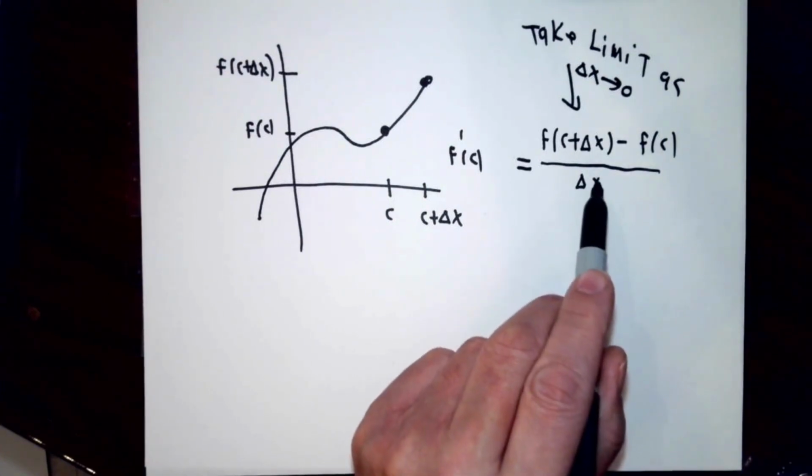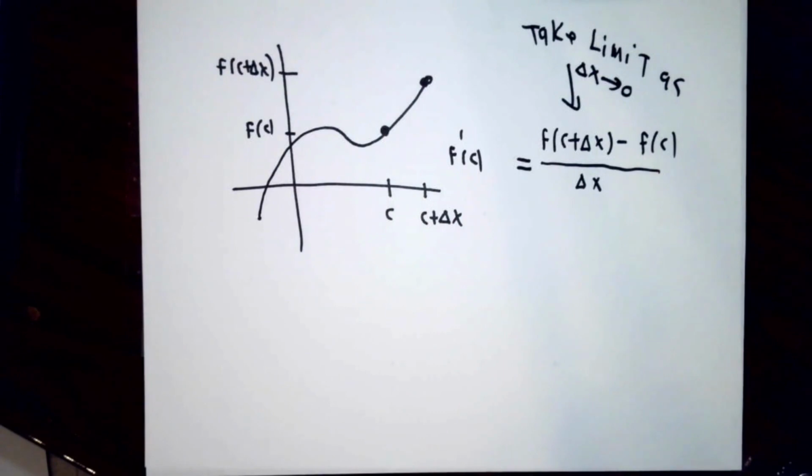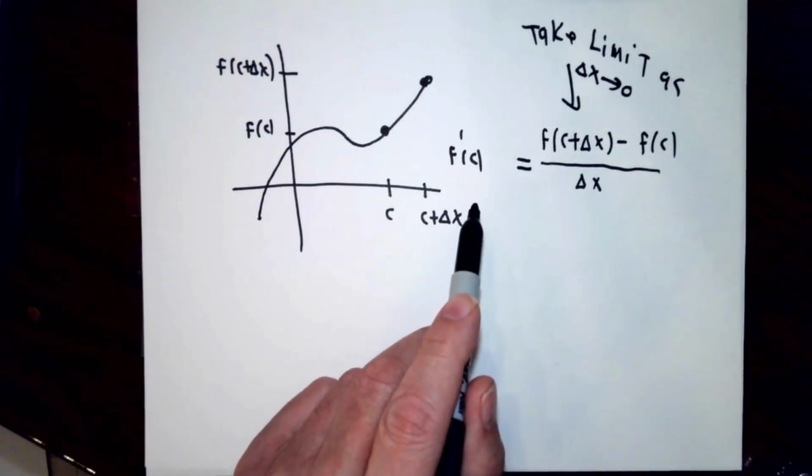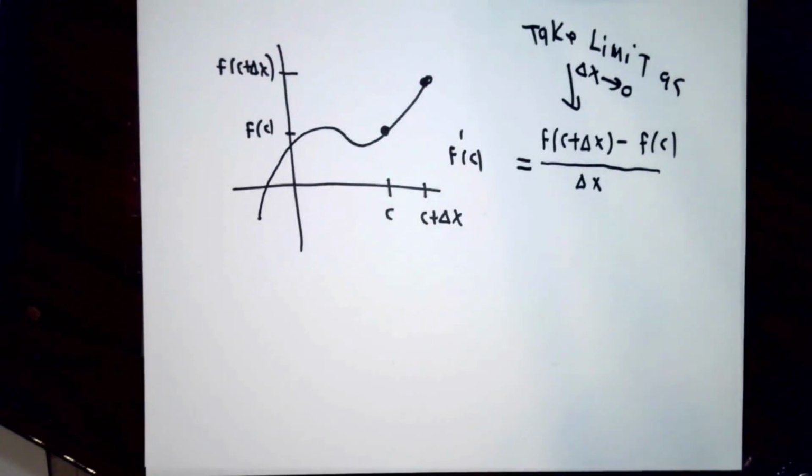This fraction for a given delta x number is typically not the value of f prime of c. As delta x becomes very small, though, it gets close to f prime at c. Another way that I could think about this is this.